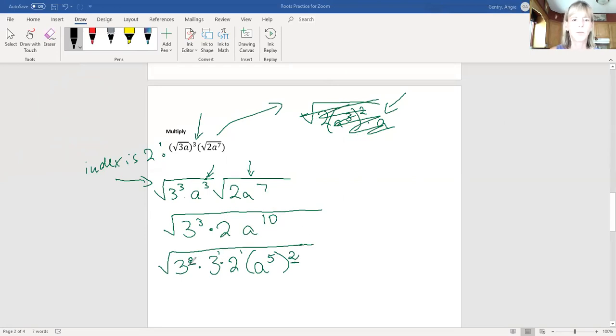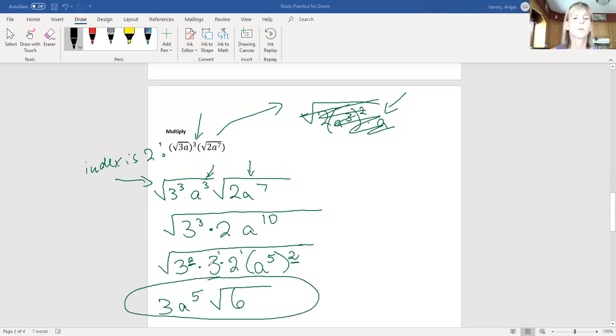So now all the ones that have a matching index, all of the ones that the exponent matches the index come out. So the 3 comes out, the A to the 5th comes out. And then what stays under? 3 times 2 is 6. And I guess that's it, because everything else came out. So there's the answer. Keep it simple if you can.